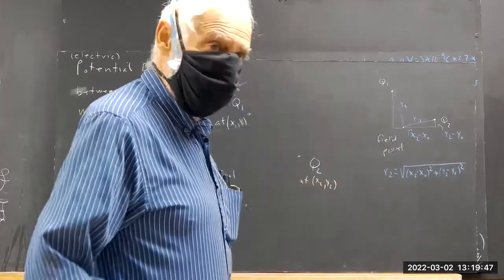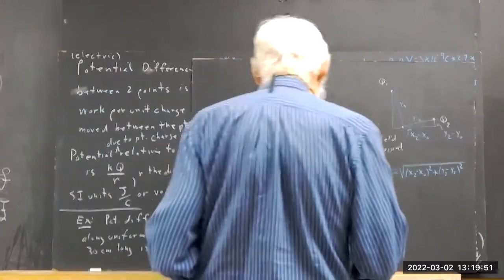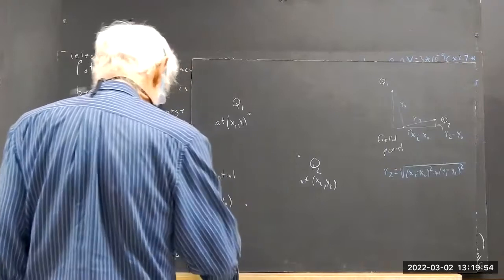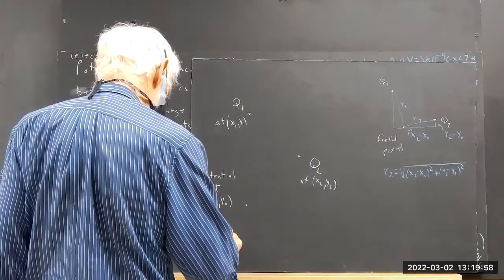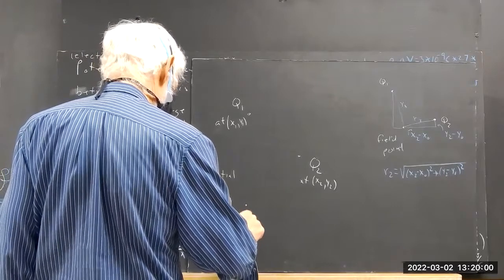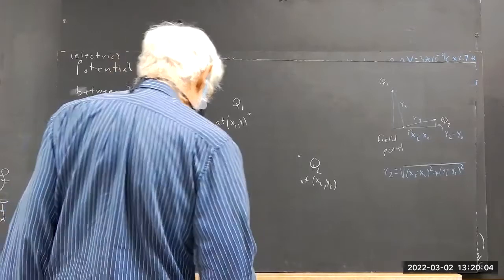Okay, I'm not going to fill in the details, but then you're just going to have potential is KQ over R1 plus KQ over R2.